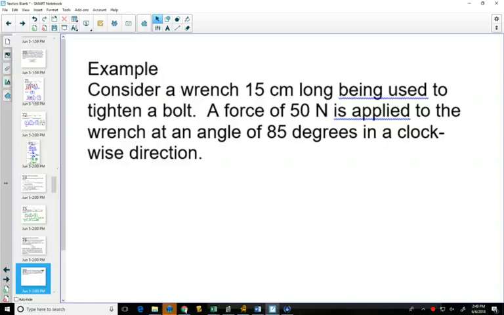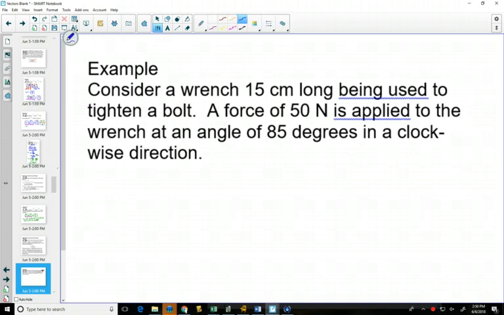So we have a wrench 15 centimeters long being used to tighten a bolt. Again, think about tightening the same way that you would tighten your toothpaste. A force of 50 newtons is applied to the wrench at an angle of 85 degrees.